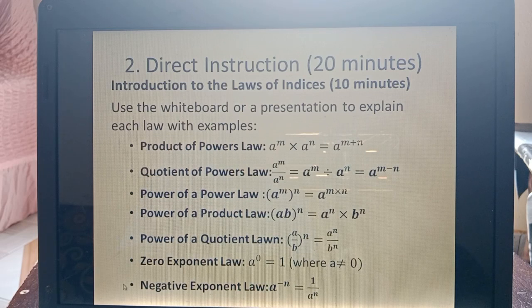We have the power of a power law. We have power of a quotient law. And we have zero exponent law. This one here is law, not rune. And we have negative exponent law.